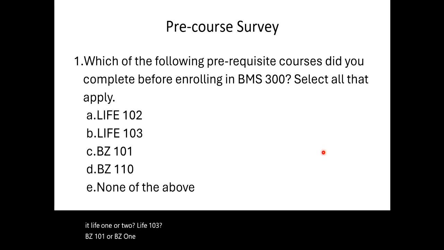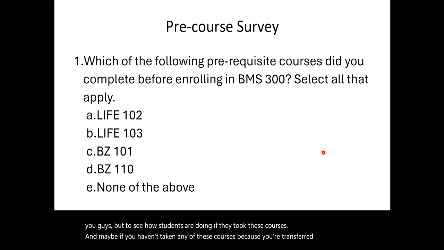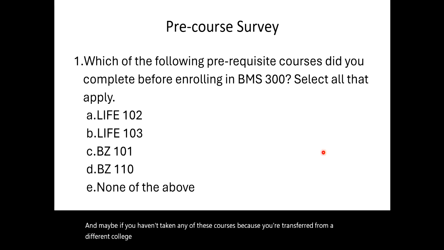Knowing this will really help us to see how students are doing if they took these courses, not to score you. And if you haven't taken any of these courses because you transferred from a different college, then please write down the name of that course on your Scantron. That will be very helpful as well.